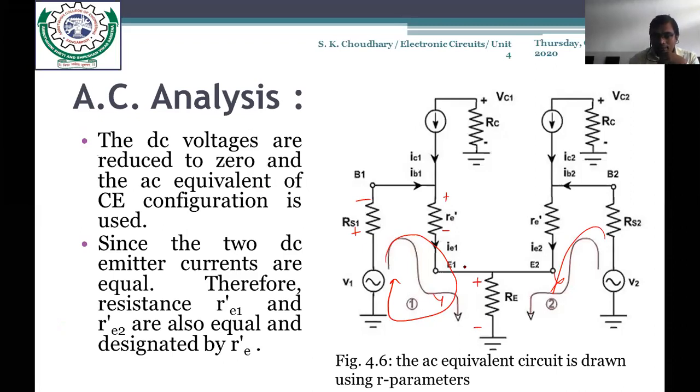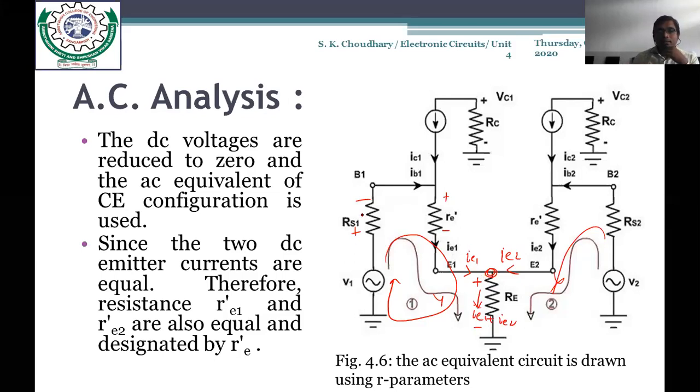You can see here, the first current is IE1, the second current is IE2, and this is the common node where the current is flowing, and this is your IE1 plus IE2 as per the KCL law. If two different incoming branches are merged at one single node, then the outgoing current would be equal to the summation of both incoming currents.